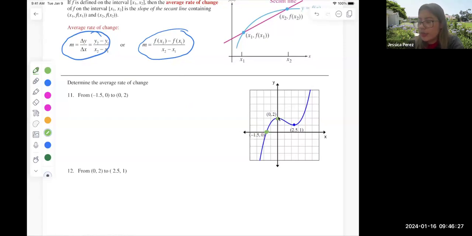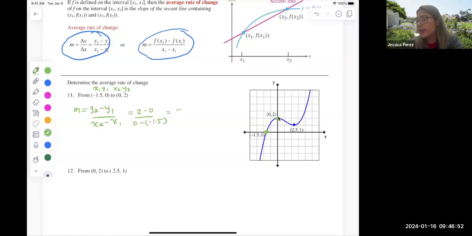So let's show that. First it's x1, y1, x2, y2. The slope m is y2 minus y1 over x2 minus x1. So here we have 2 minus 0 over 0 minus negative 1.5.